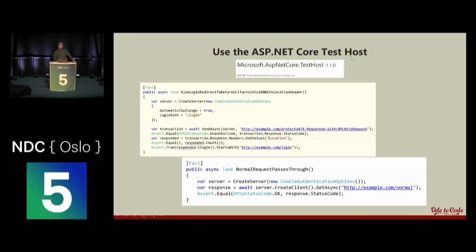So if you go into the Microsoft GitHub repositories, when Microsoft wants to test their middleware or do some, let's call it integration level type testing, they have a NuGet package that they install into their unit testing project called Microsoft.ASP.NET Core.TestHost, and it basically allows you to spin up your application and run it in memory and fire off requests at your application without anything ever actually going over a network socket.